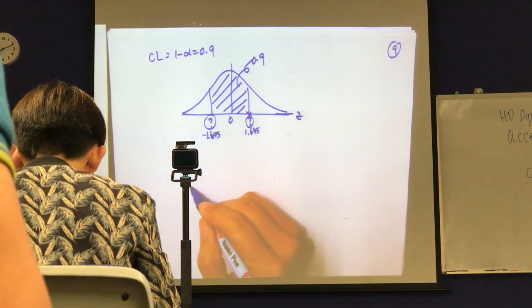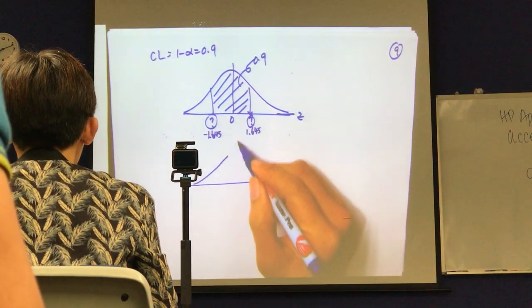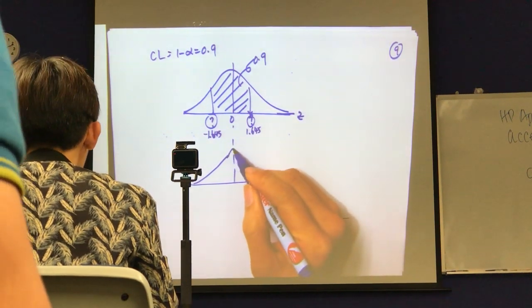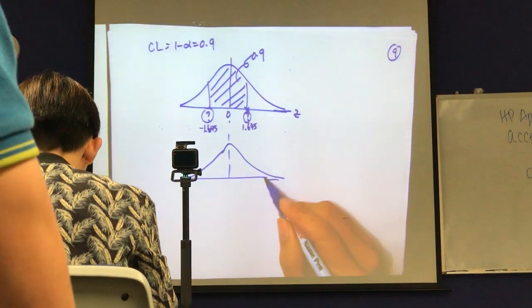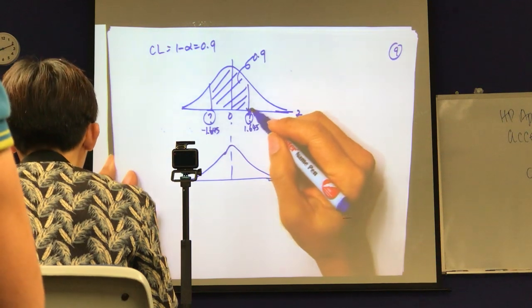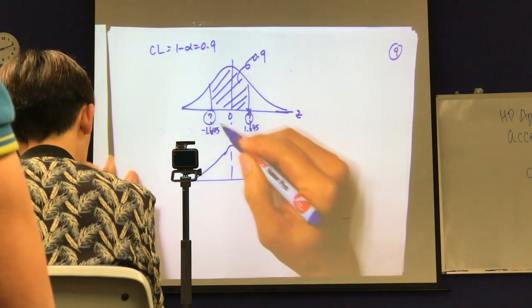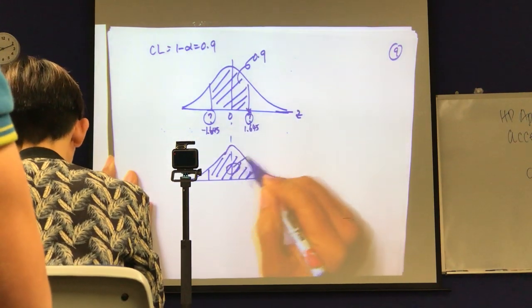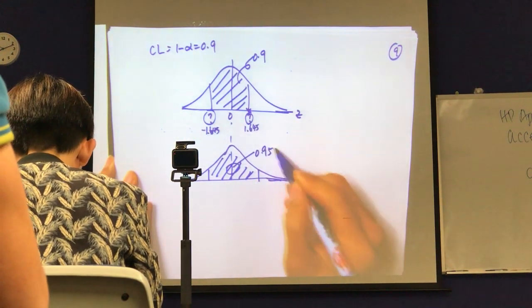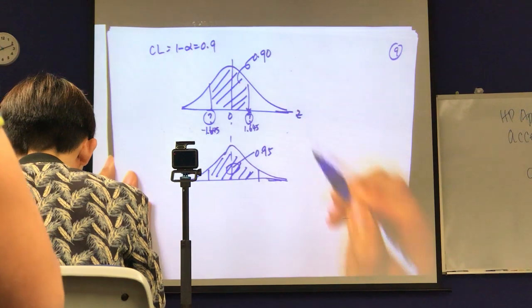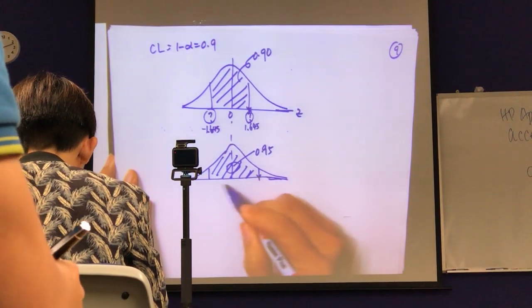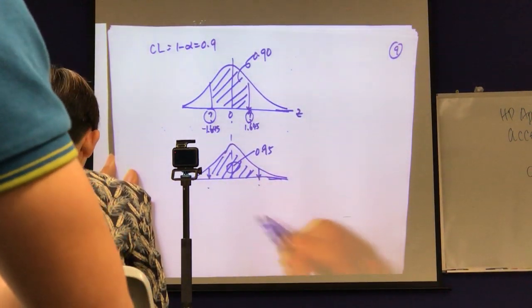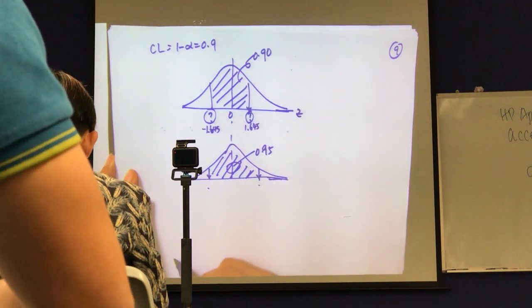How about 95%? 90% here, 95% will be wider. So this whole thing here is 0.95. This is 0.90. What is this value here? Try it out.